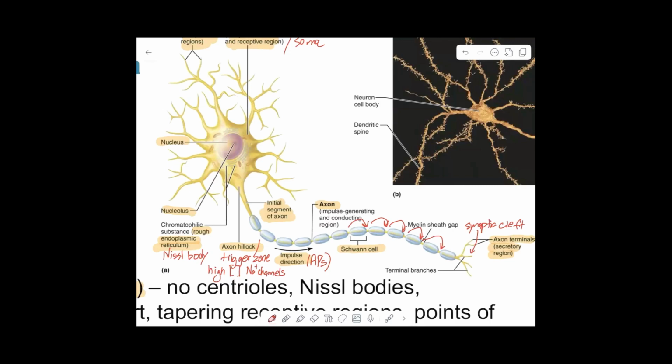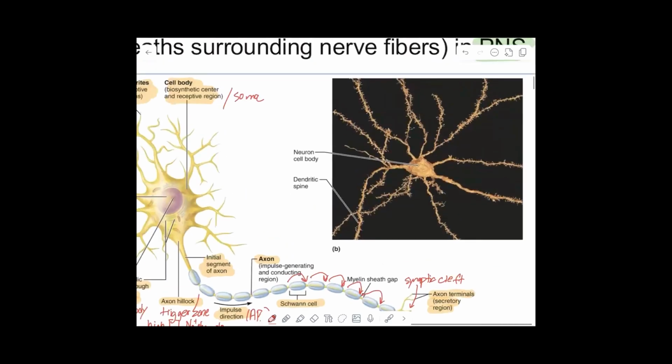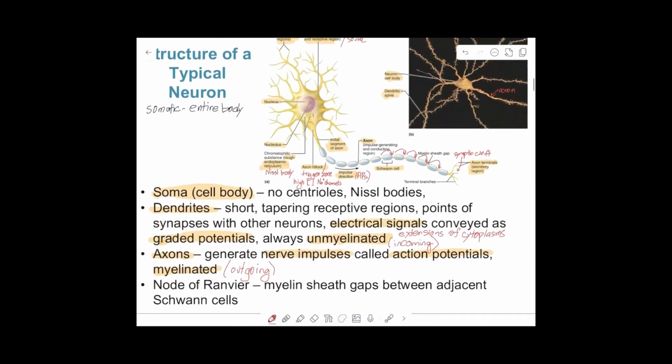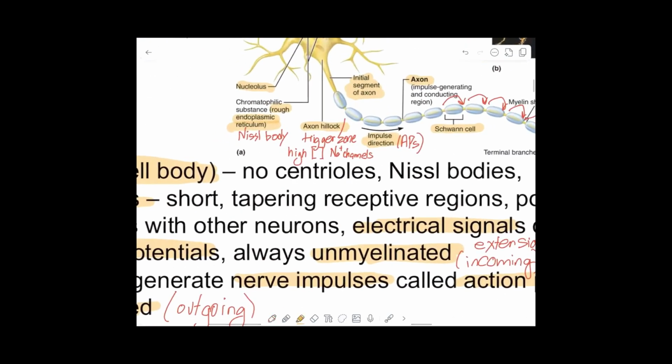In this micrograph up here, we can see the neuron cell body, the soma, dendritic spines, and the axons, which are sometimes difficult to view, but this is probably the axon. The other thing I want to point out is that the cell body also has no centrioles.